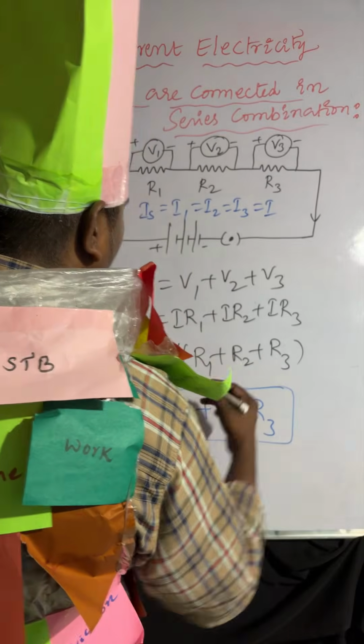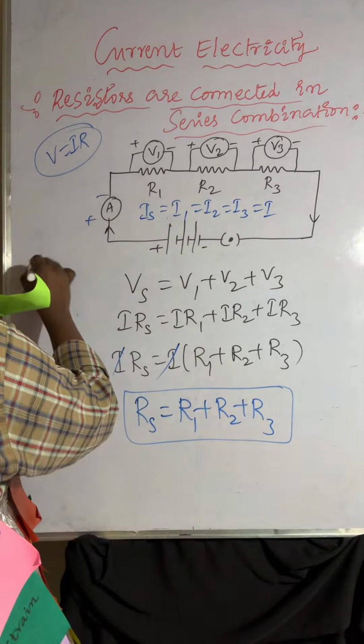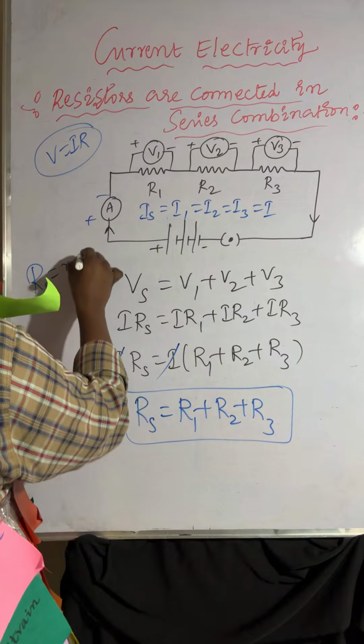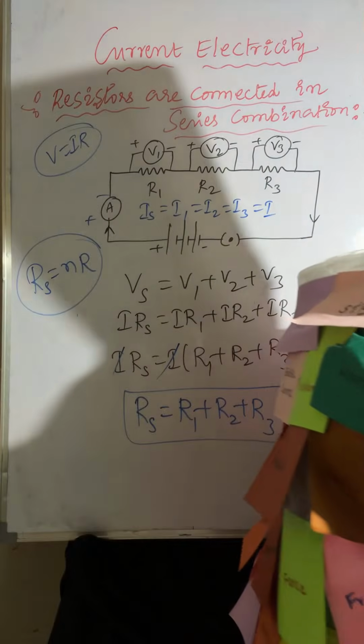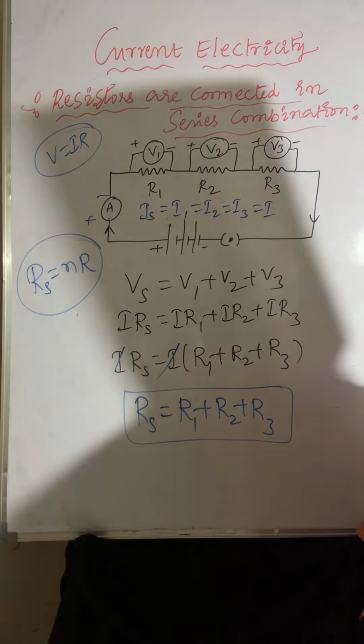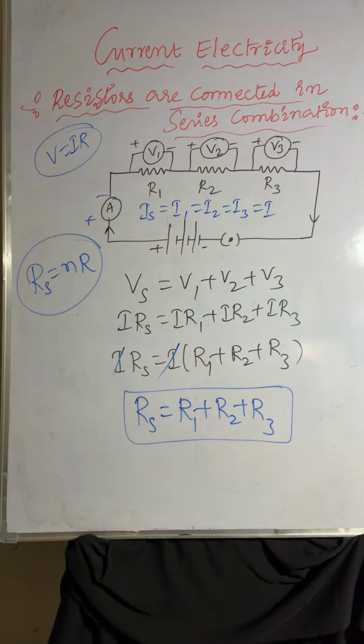If n number of resistors are connected in series combination, Rs equal to nR. Normally the formula is Rs equal to R1 plus R2 plus R3.